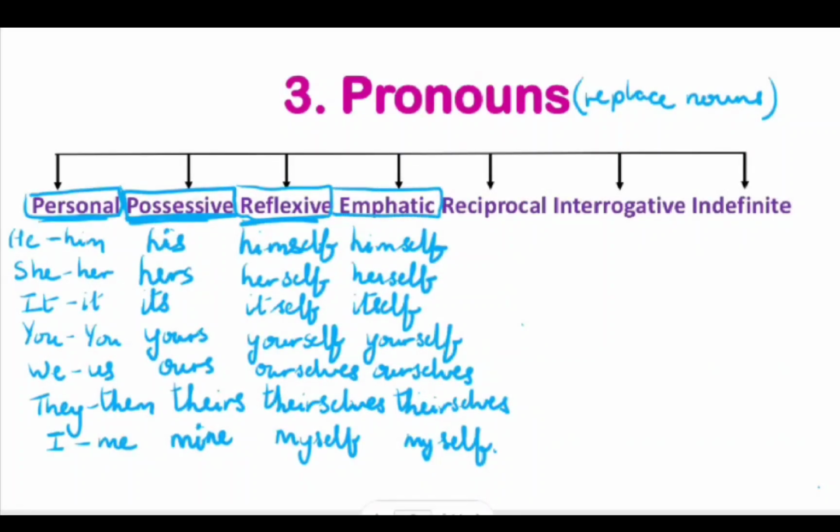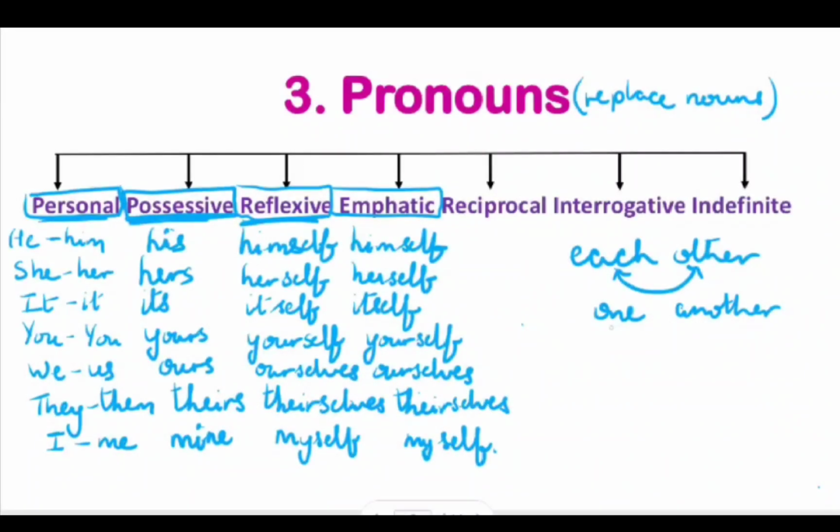Now, reciprocal is very, very easy. It just has one or two examples for it, and they are "each other". You reciprocate. We love each other. And the other one is "one another". They fight with one another.